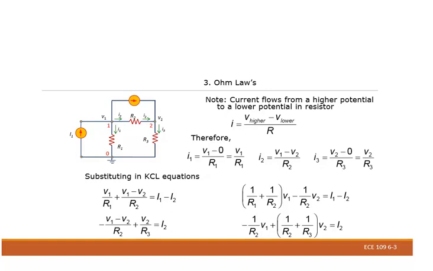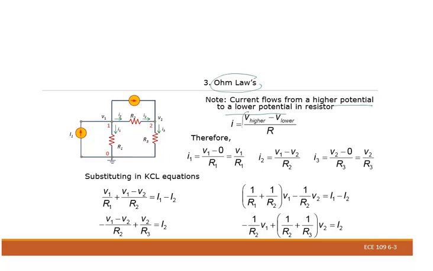The next slide shows how we can apply Ohm's law to write those currents in terms of node voltages. Basically, current flows through any element from higher potential to lower potential.